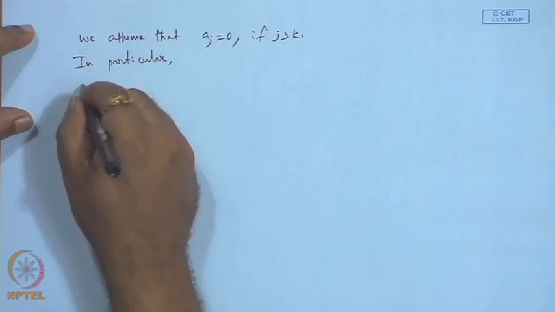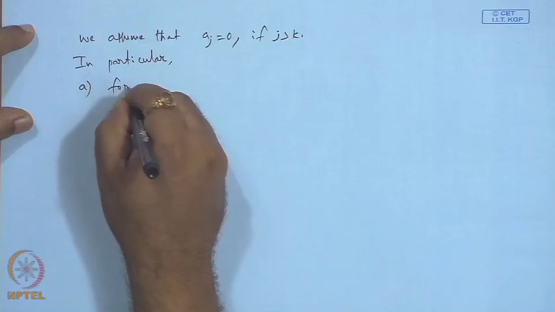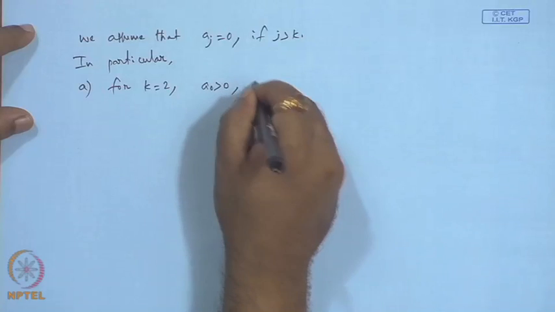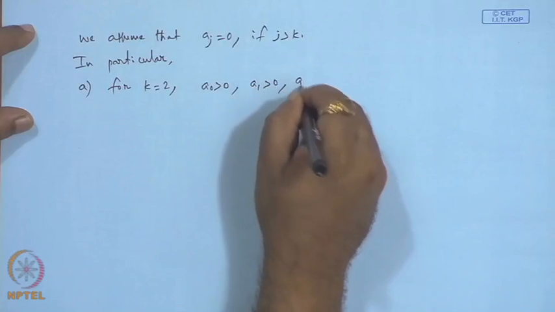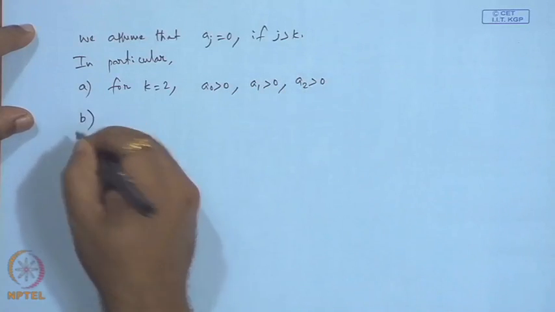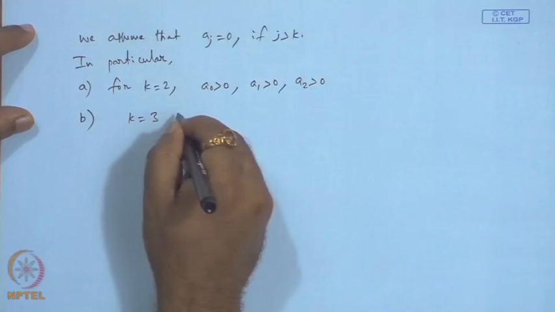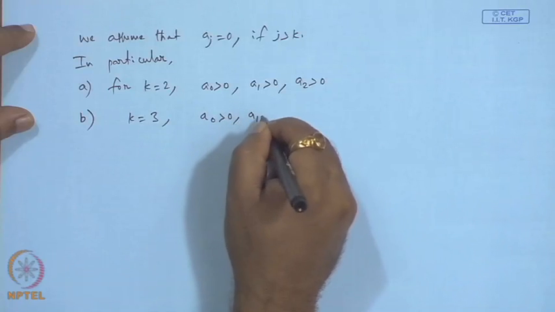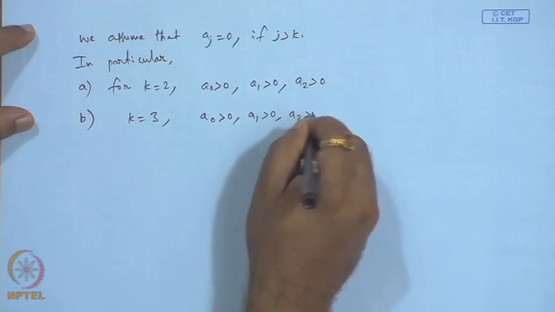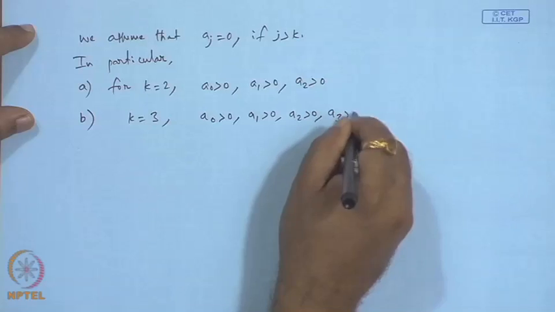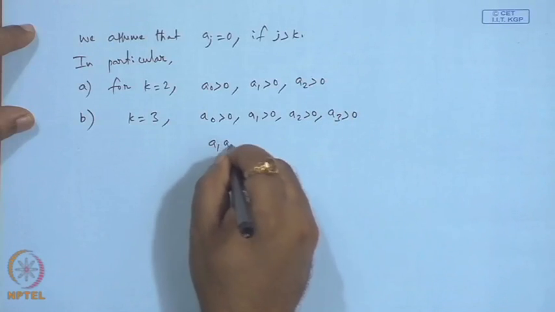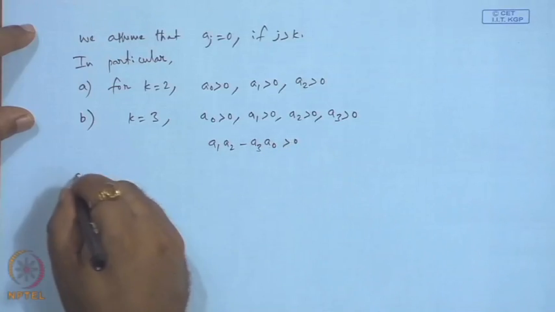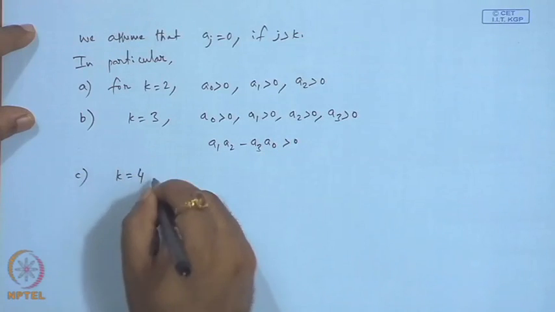In particular, for k equals 2 the condition leads to this, for k equals 3, and k equals 4.